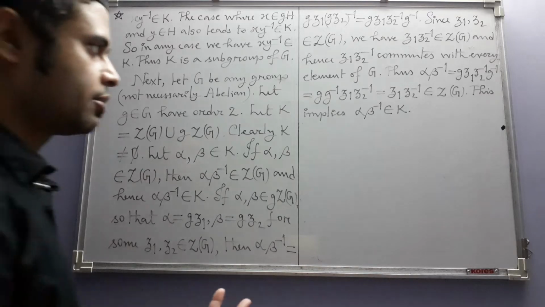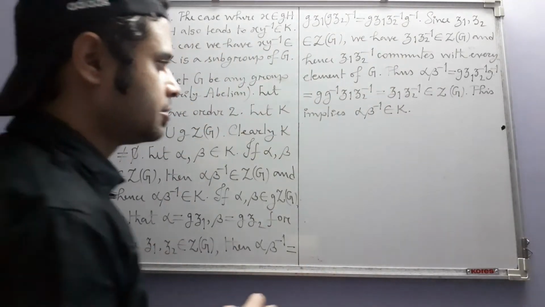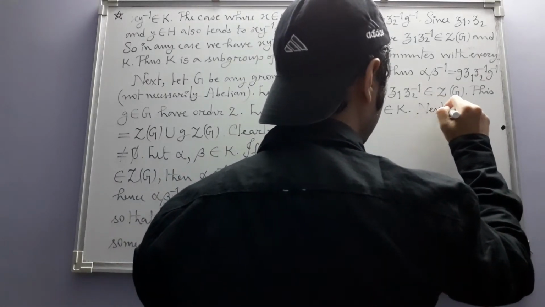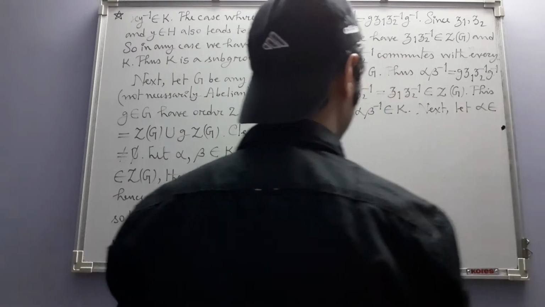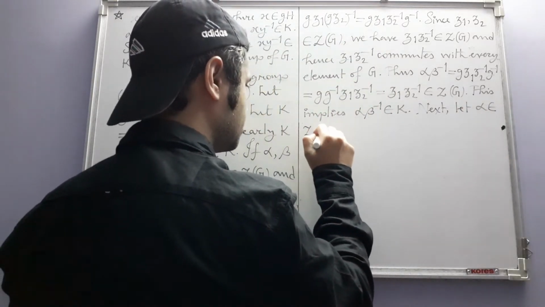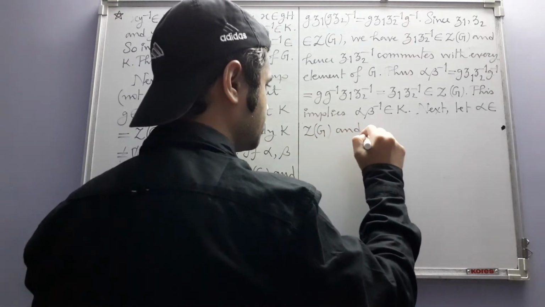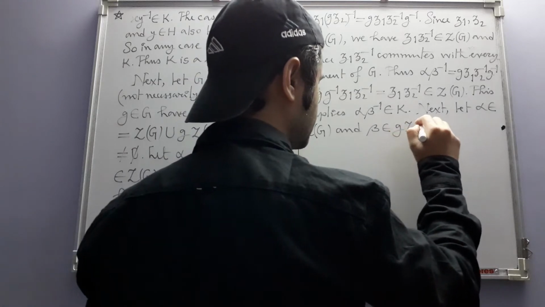Okay, so here also, just like before, we are going to have a third case. Next, let alpha be a central element and beta be an element in this.